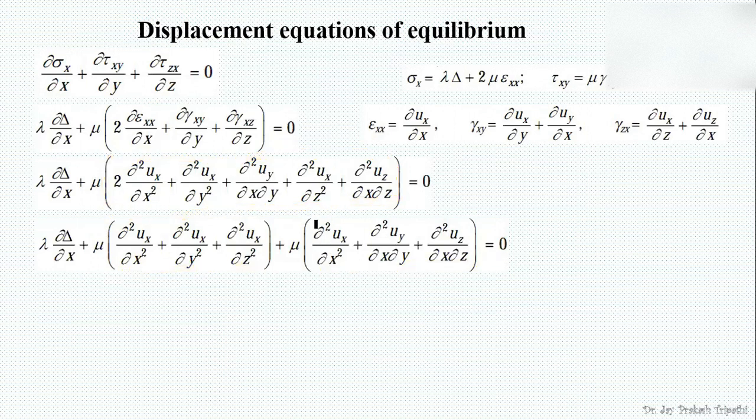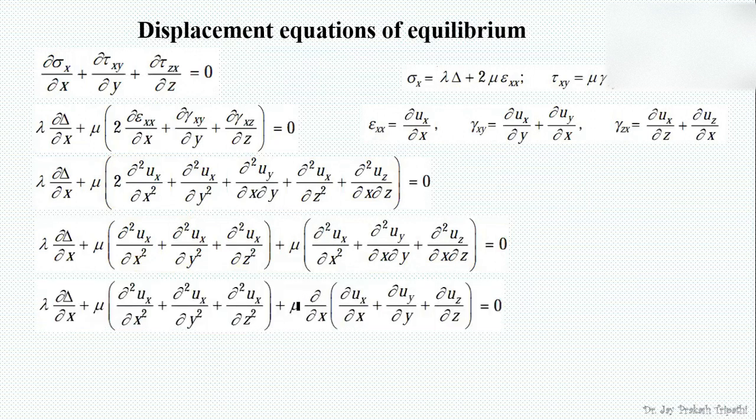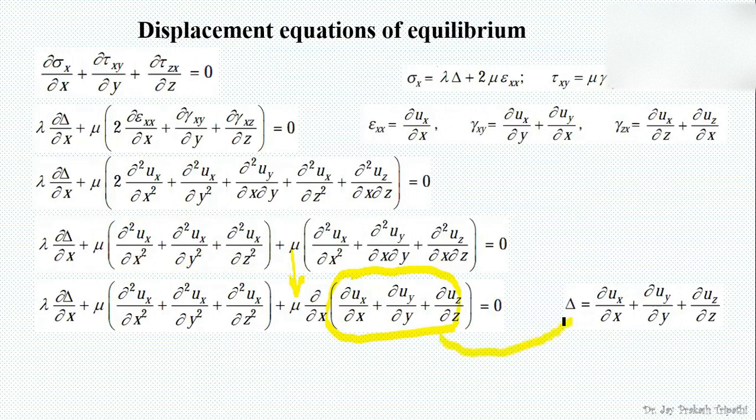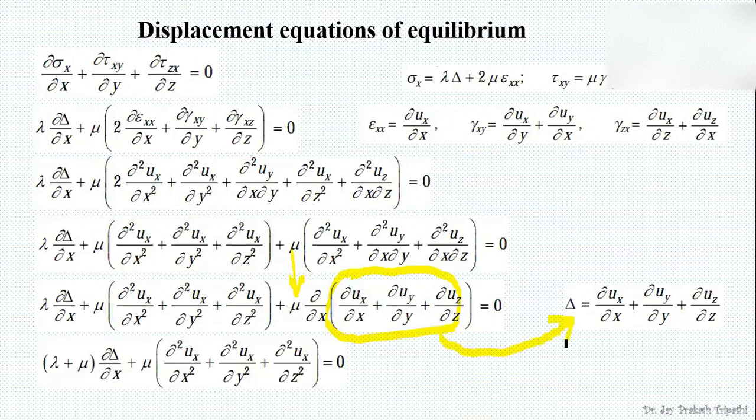Then we can bring dou by dou x common here. So we will get here mu into dou by dou x into this part. It represents the volumetric strain. So let's substitute it, and finally we get here lambda plus mu dou delta by dou x plus mu into this term.